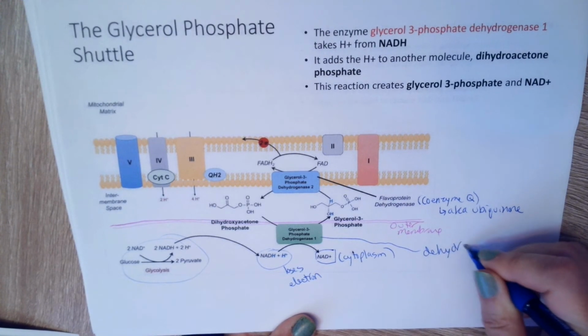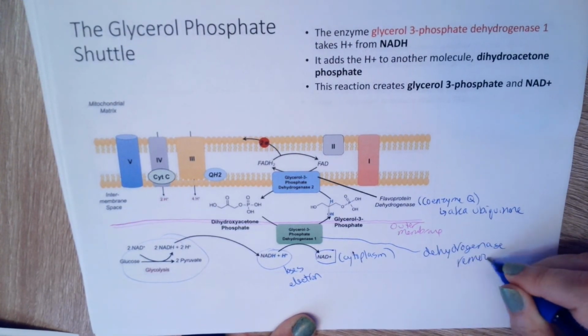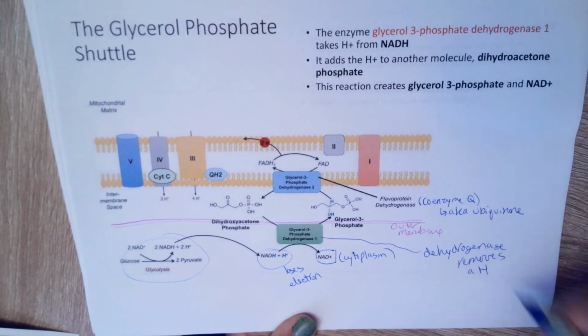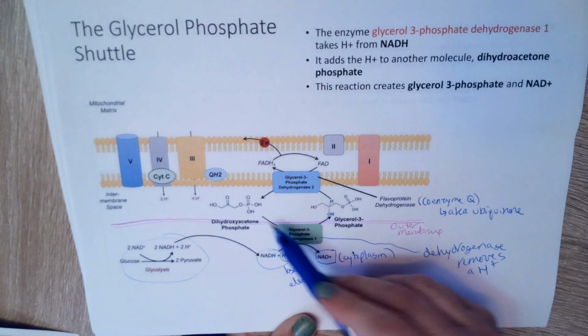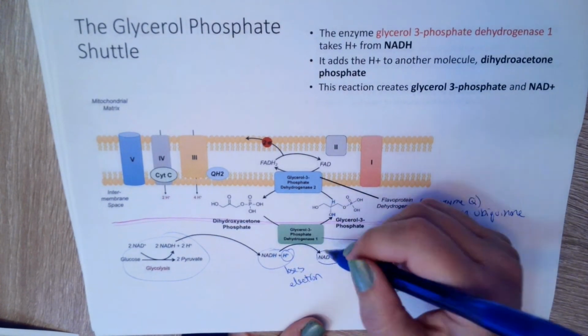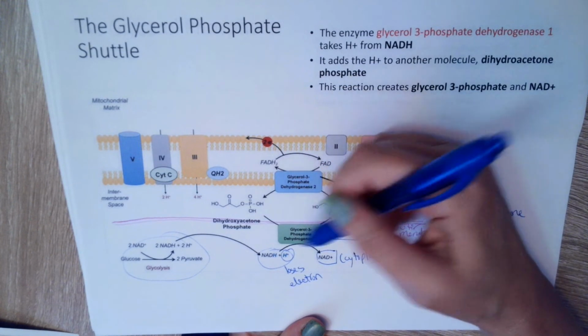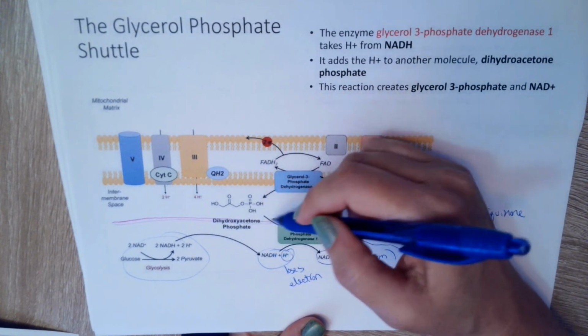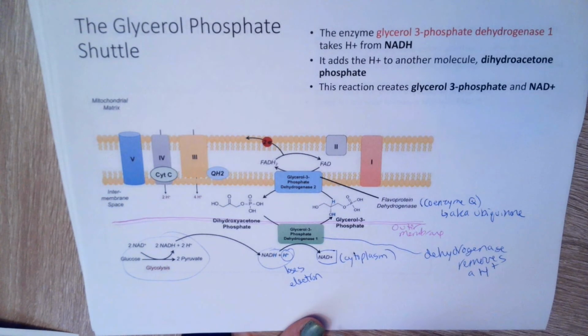Dehydrogenase means it's removing a hydrogen. So that hydrogen is being pulled off of NADH, leaving us with NAD, but at the same time it's also converting this dihydroxyacetone phosphate into glycerol 3-phosphate.